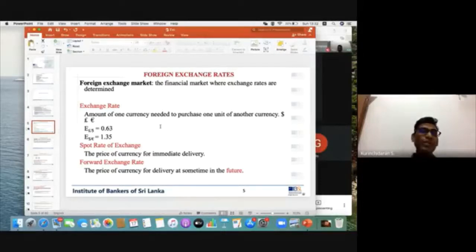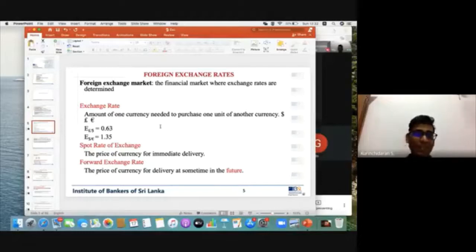That means you go to a bank to buy USD, then you can ask over the counter. OTC means over the counter. You can ask the counter, okay, I want $1,000, right? You want $1,000 to buy.